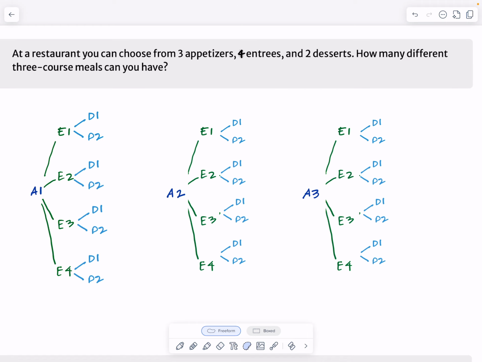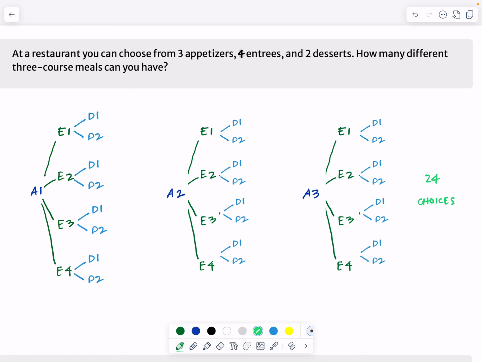And so if I were to count up all of these little branches, I have 8 choices here and 8 choices in the middle and 8 choices in the third situation, and 8 and 8 and 8 is 24. But there's a faster way to get to that answer. But let's quickly write down here that this would be 24 choices, or really 24 ways of choosing.